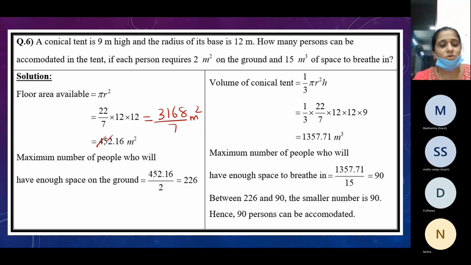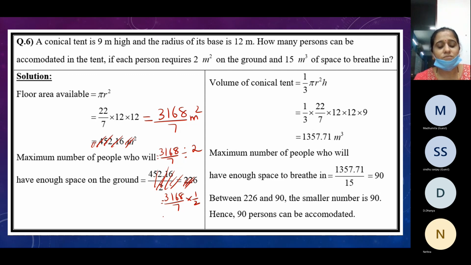Don't find this decimal value. So here also, what will you write? 3168 by 7 divided by 2. So 3168 by 7 into 1 by 2.